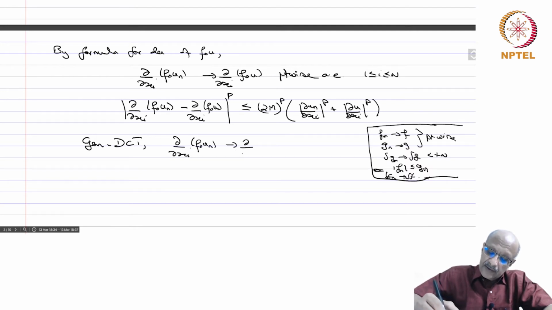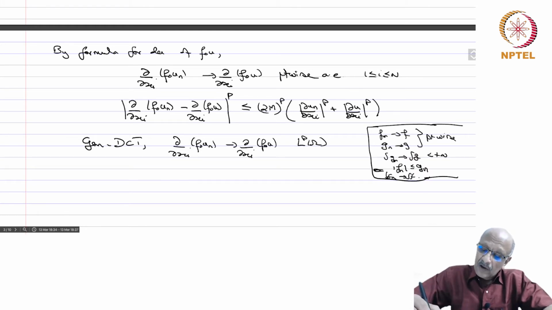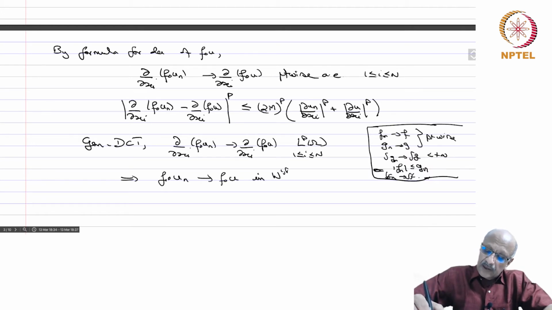So by the generalized dominated convergence theorem, we have that ∂/∂x_i of f(u_n) goes to ∂/∂x_i of f(u) in L^p(Ω), 1 ≤ i ≤ n. And therefore this implies that f(u_n) goes to f composed with u in W^{1,p}(Ω). Okay.